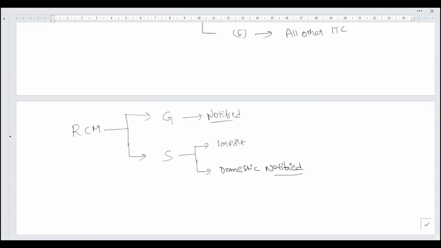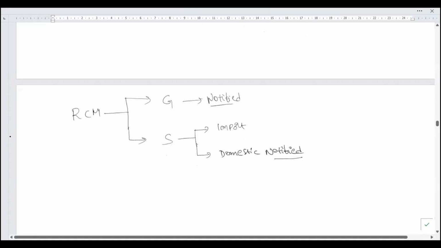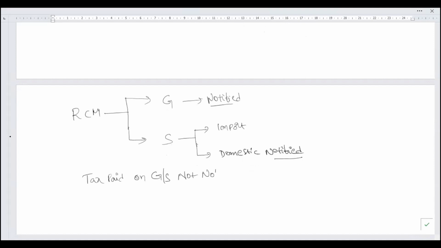If not notified, no tax is paid on goods or services not notified, then there is no authority.